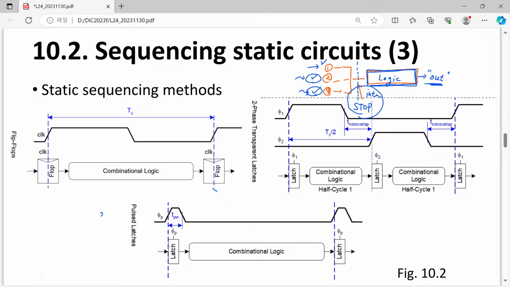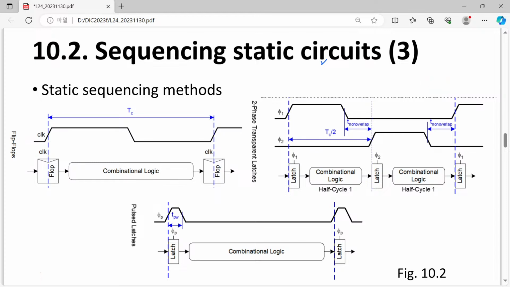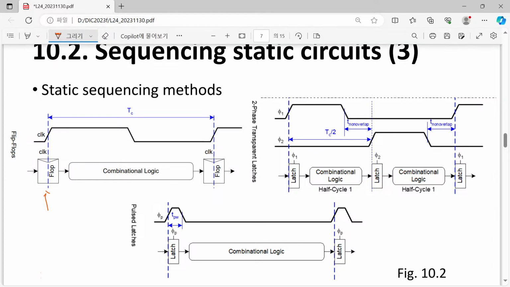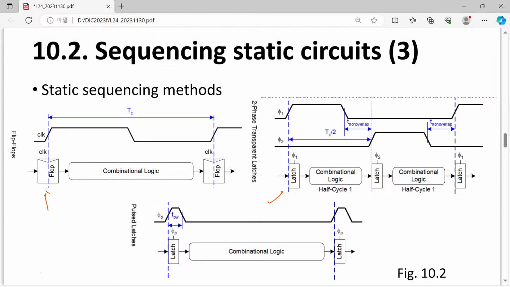This slide just shows three different ways to implement a static sequential circuit with different memory elements. Different memory elements here, I mean flip-flops or latches. So in this case, it's like this.